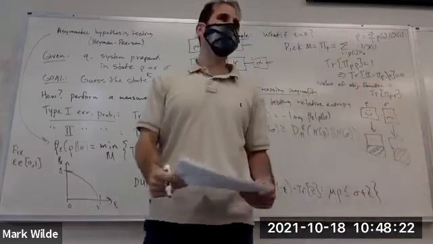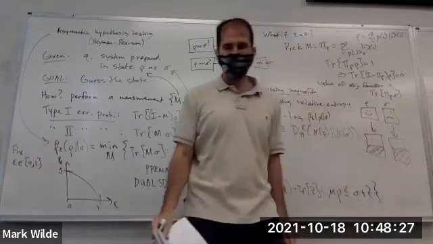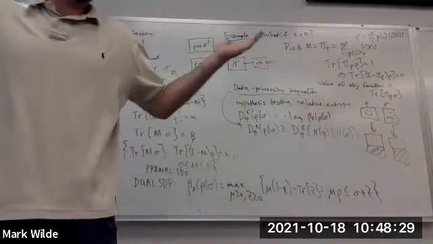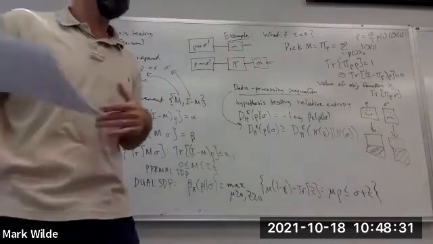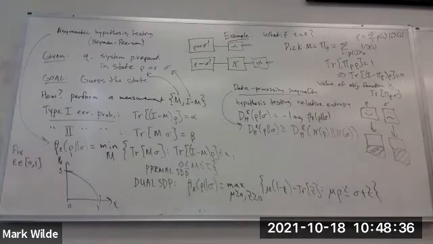And so under this channel, you can't tell whether the state is smiling or frowning. They become less distinguishable. So data processing is about distinguishability. Something is lost under the action of the channel.